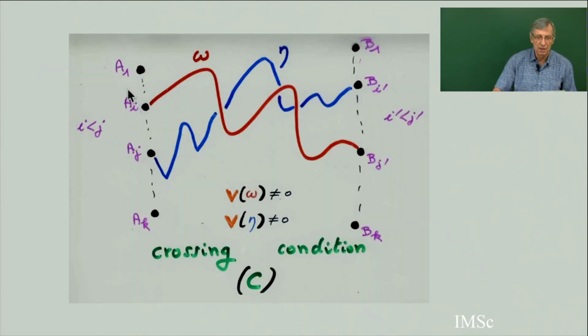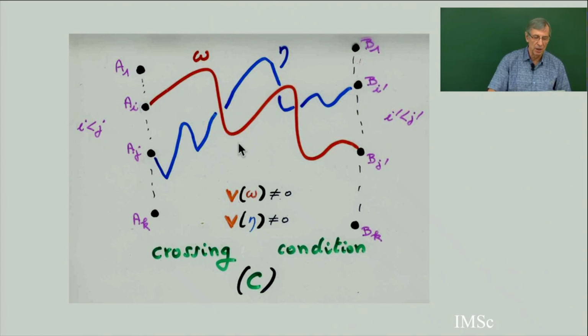Crossing condition means that if you have two paths, omega and eta, starting from Ai, Aj with i less than j, so the starting points are totally ordered, and then the ending points are B i prime, B j prime, where i prime is less than j prime. So there is a kind of transposition in the two paths. This point is before this one in the order from 1 to k, and the ending point is after the ending point of this one.